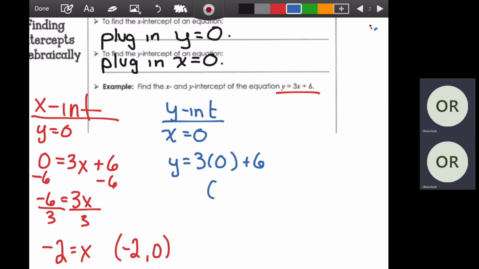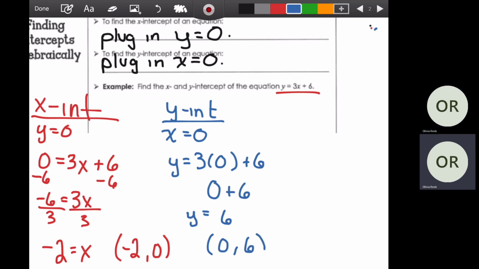So 3 times 0 is 0, plus 6 is 6. y equals 6, which is the point (0, 6). So our x-intercept is (-2, 0). Our y-intercept is (0, 6).